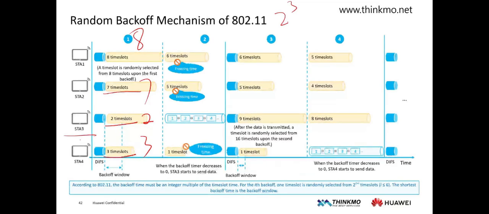At this point, the countdowns of the other terminals will enter a frozen state, meaning they will pause. Note, during the time terminal 3 is sending data, the timers of the other terminals will not count, as they all enter a waiting state. For example, terminal 3 has used 2 time slots, so terminal 1 has 6 time slots left because 8 minus 2 equals 6, and terminal 2 has 5 time slots left because 7 minus 2 equals 5.